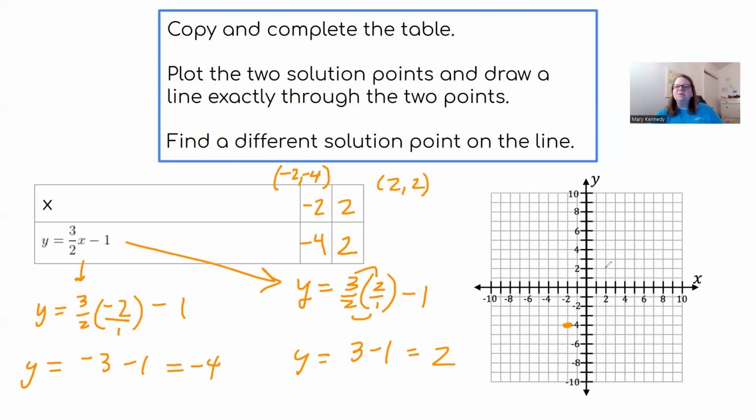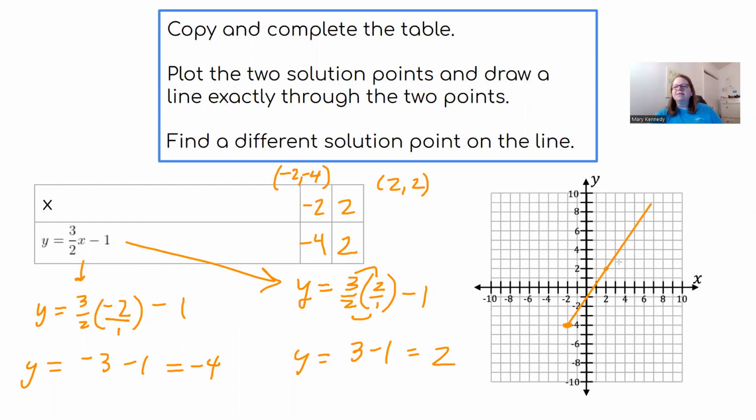So 2, 2 is our second coordinate, and now we can connect those points with a straight line, and that gives us our line here. Now we would want to do that as precisely as possible, extending it out.